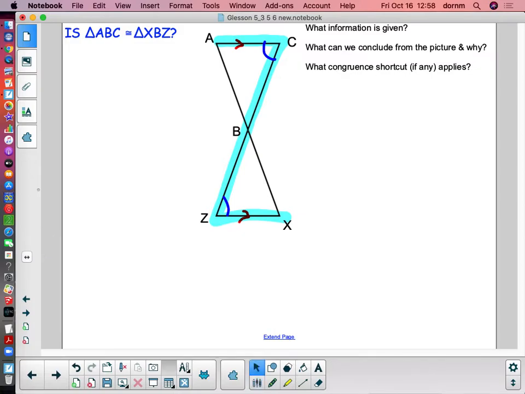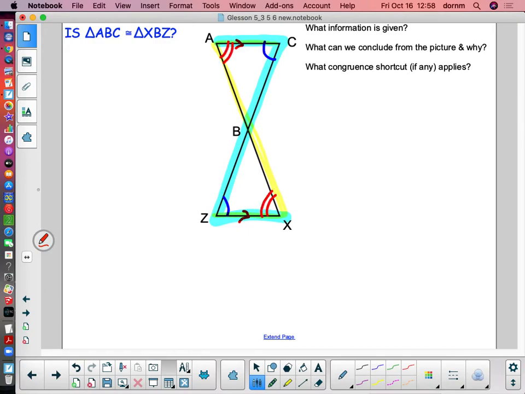We also have a second Z going this way. So I've got these alternate interior angles congruent. And we have vertical angles. So I've got 3 pairs of corresponding congruent angles.